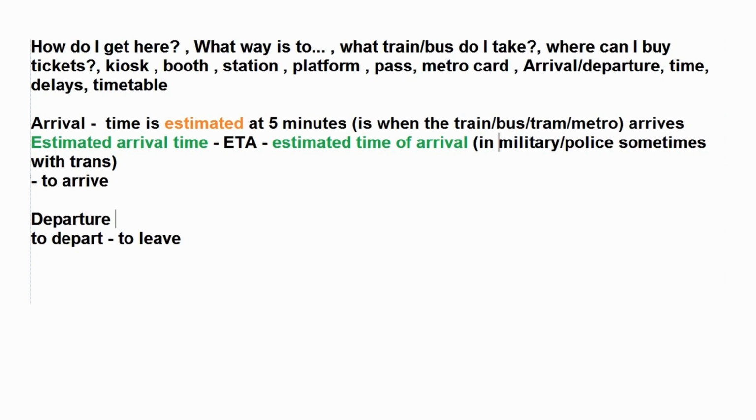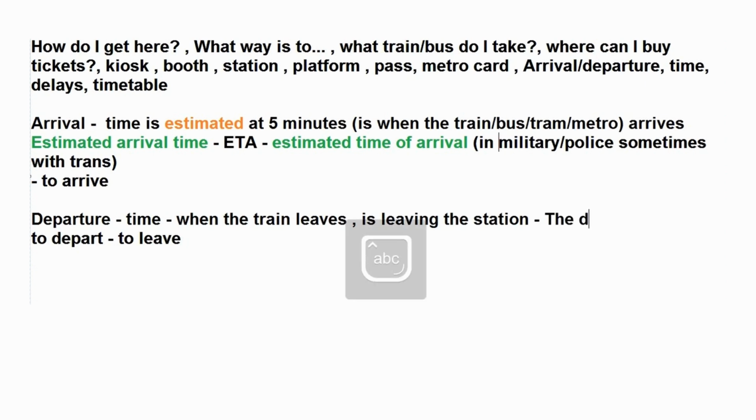Now we have departure, okay, which is the same thing. Departure time, okay. This means when the train leaves, okay, or is leaving the station. All right, so it's the same thing. It's just the opposite of arrival. So departure time, when is the train leaving?